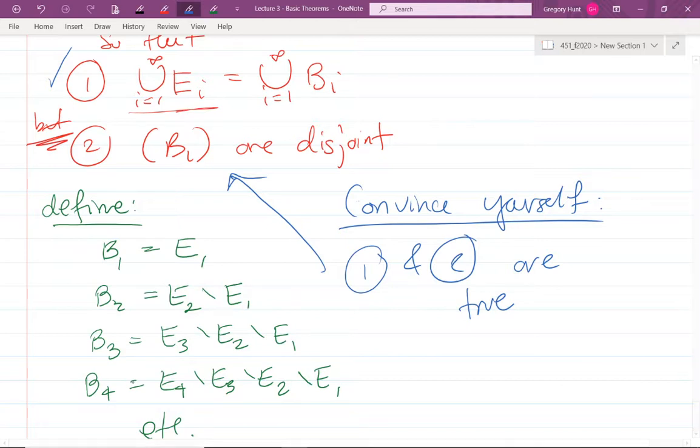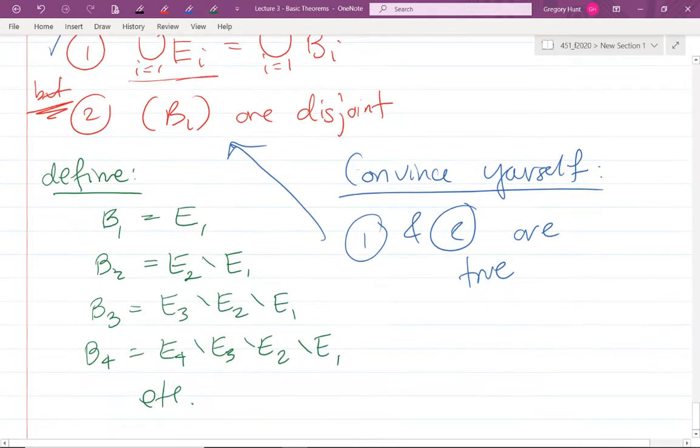The second is that they're disjoint. Why? If you have something in B sub 1, it's not going to be in B2, because B2 is basically E2 minus B1. And B3 is basically E3 minus B2.